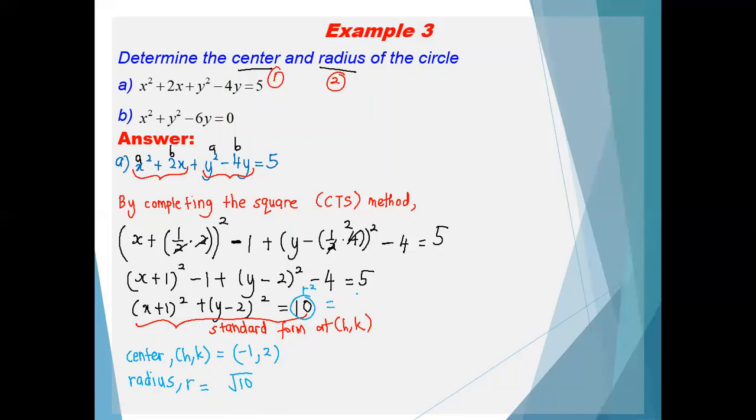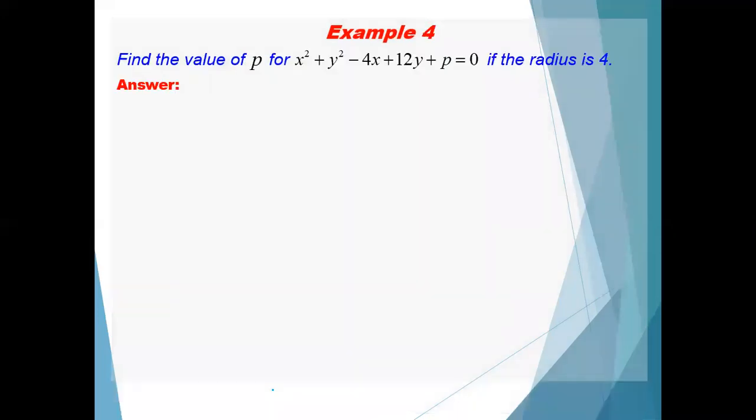So here is actually square root 10 and then square, baru dapat 10. Okay, that is the answer for A. Okay, so how about B?